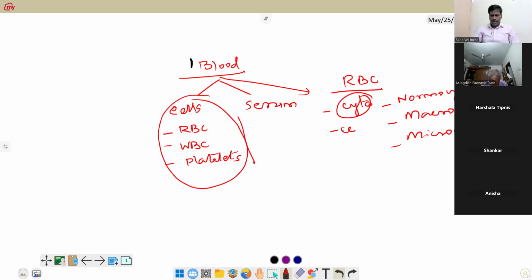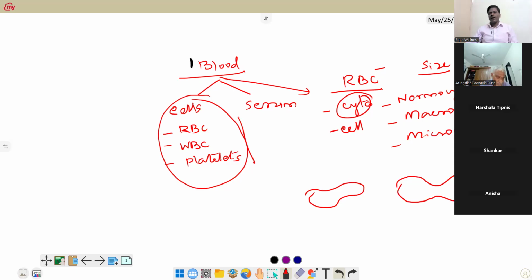Based on the size of the RBCs, the cells are categorized into three. Normocytic means size-wise normal. Macrocytic means size is bigger. Microcytic means size is smaller.